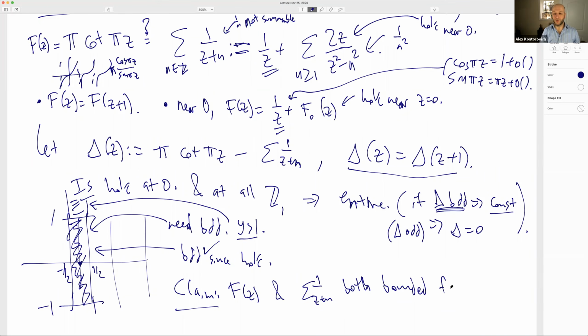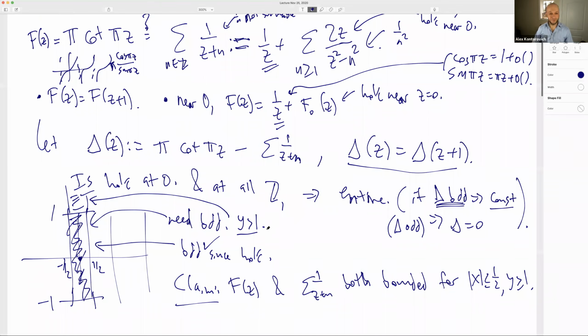Bounded for x between minus a half and y away from 0. So these individually have poles at 0 and at all the integers, but away from that pole, which we've subtracted off, they are indeed bounded. That's what I claim. Does that make sense? So far, so good? Let's see if we can prove it.